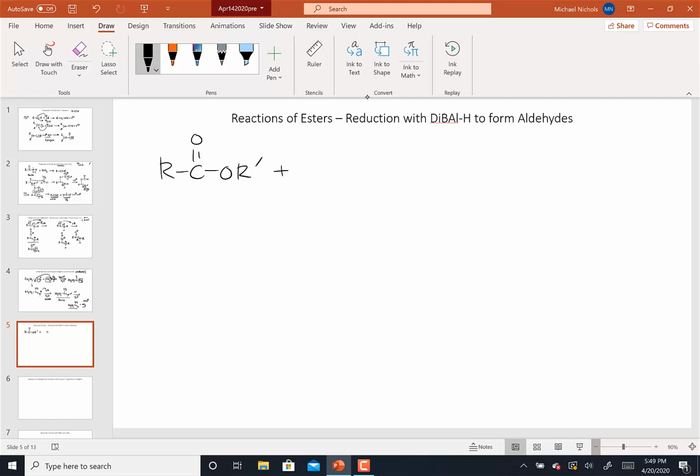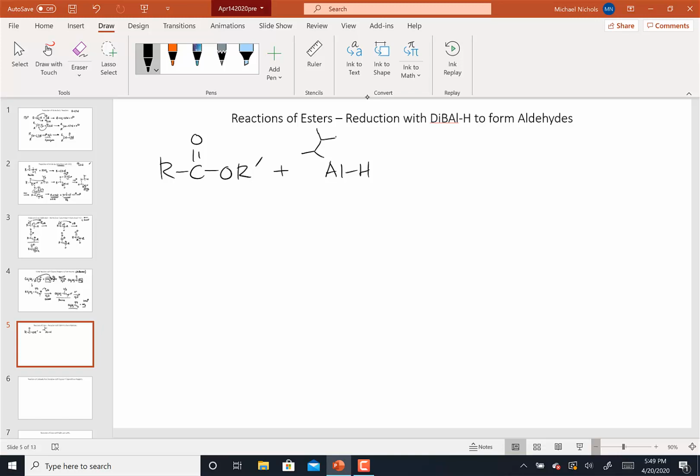DIBAL is, the B is not there, it's aluminum with a hydrogen with just a completely messed up name, diisobutyl, which is 1, 2, 3, 4. So sorry, diisobutyl.